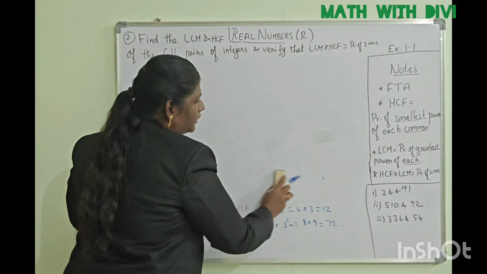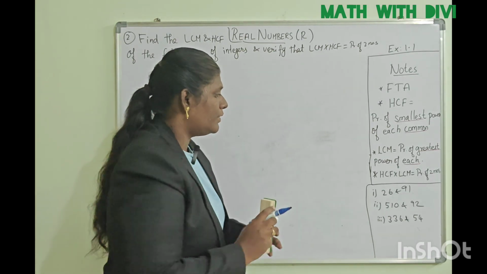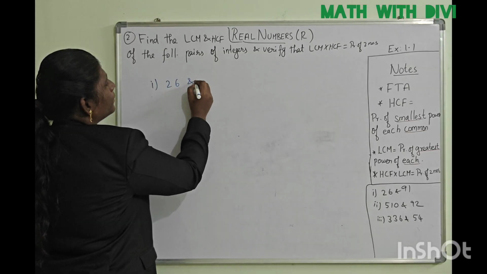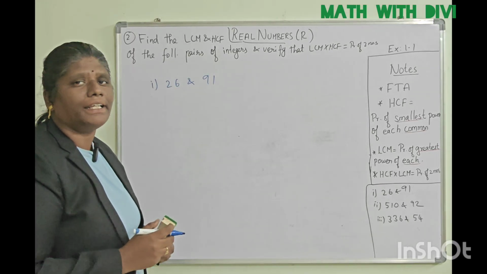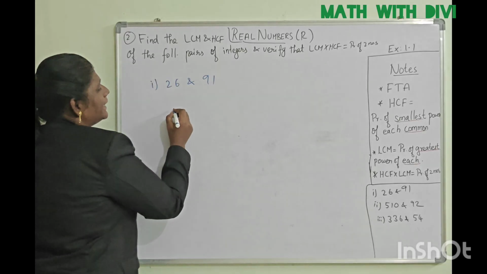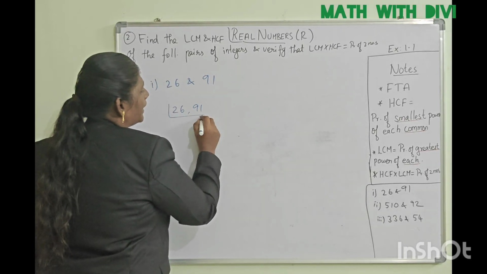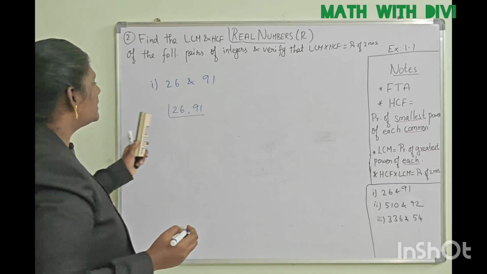So, using this, we have 3 sums. First sum is 26 and 91. How can we see? There are many methods to find it. So now I am teaching you this method.